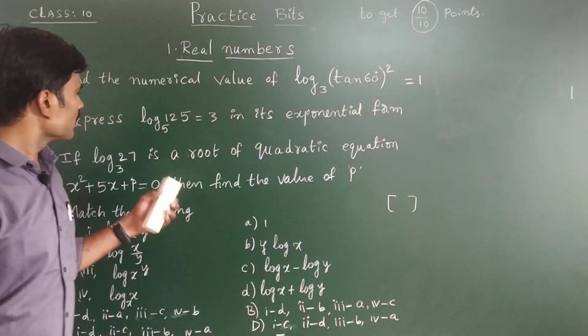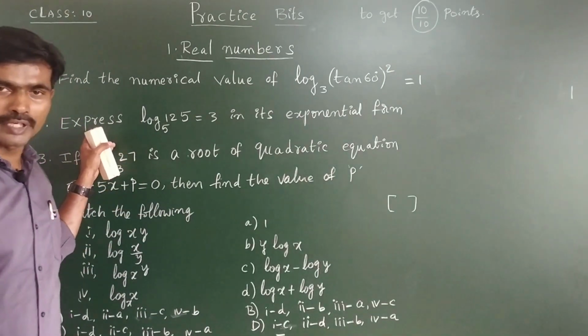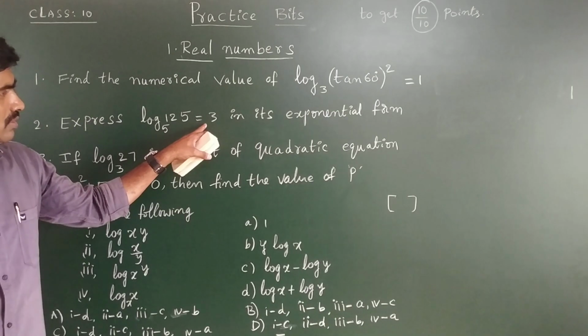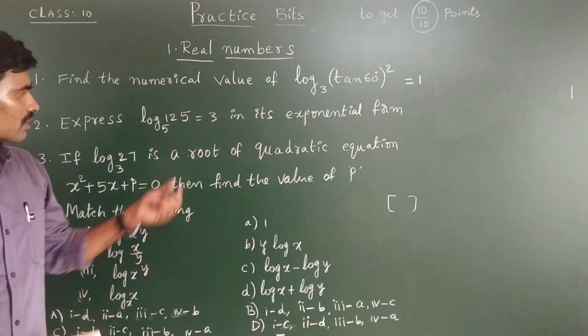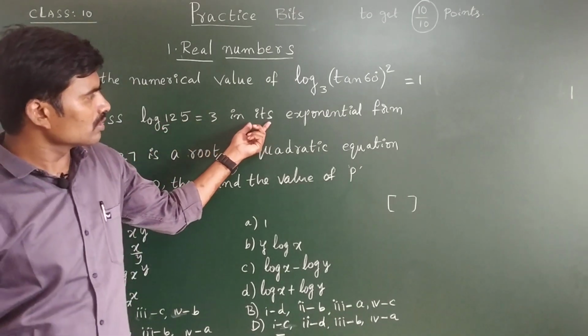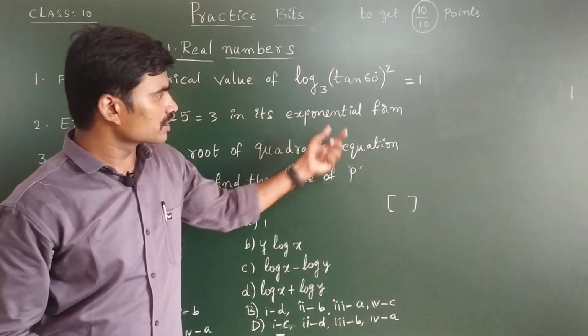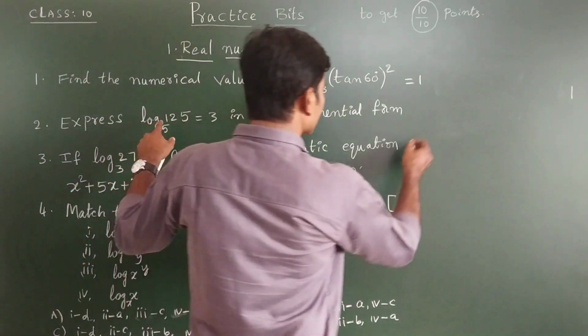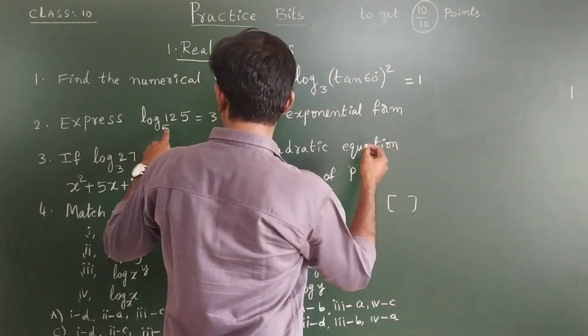And let's go to second one. Express log 125 base 5 is equals to 3. This is the logarithmic form. Now we have to convert into exponential form, to remove log.